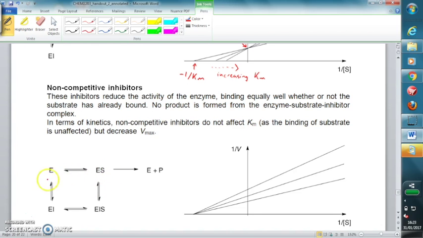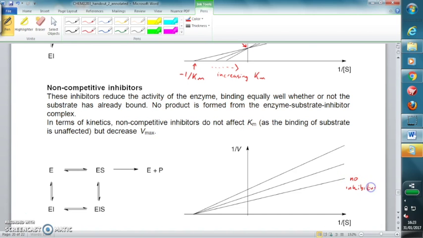And what we find with these types of inhibitors is that the Michaelis constant Km isn't affected, because in fact we don't affect the binding of the substrate to the enzyme. That happens equally well whether the inhibitor is there or not. So Km isn't varied, but Vmax goes down. So this is the sort of Lineweaver-Burk plot we get for a non-competitive inhibitor.